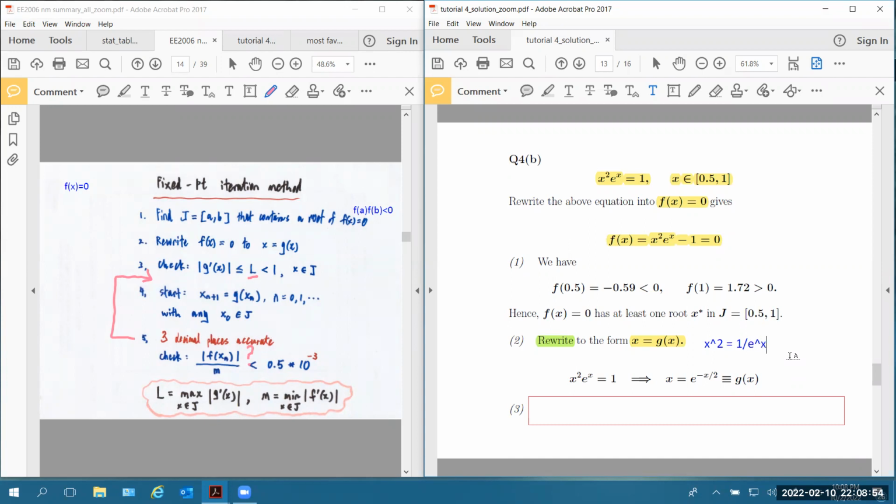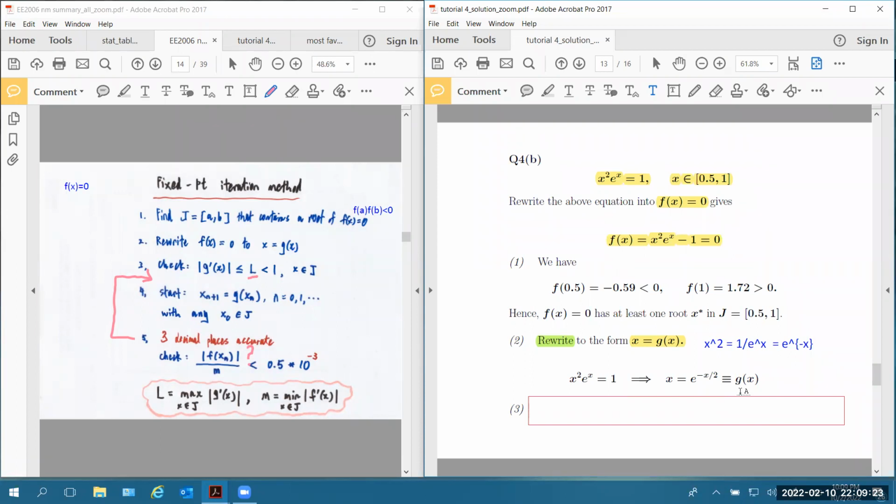When you have 1 over e to the power x, it's actually e to the power of minus x. Then after that, square root. So when you square root, your x squared becomes x, and e to the power minus x becomes e to the power minus x over 2. So that's how you get to here.